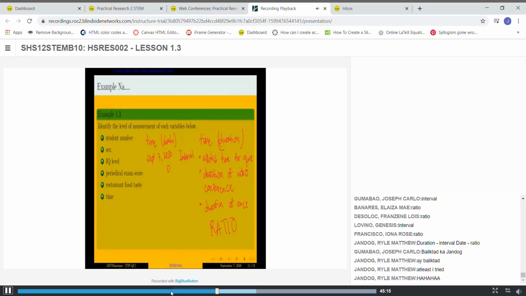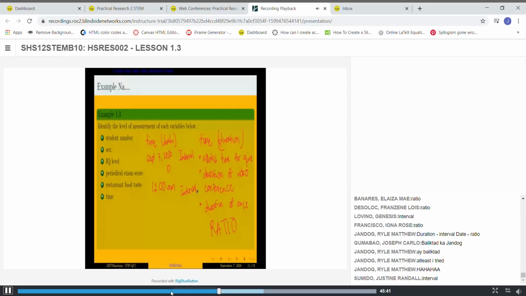Hindi porke 0 is walang taon. Okay? And yung time na sa orasan nyo, halimbawa, 12 a.m. Kapag 12-hour format yung oras, walang 0 dyan. So this is interval.